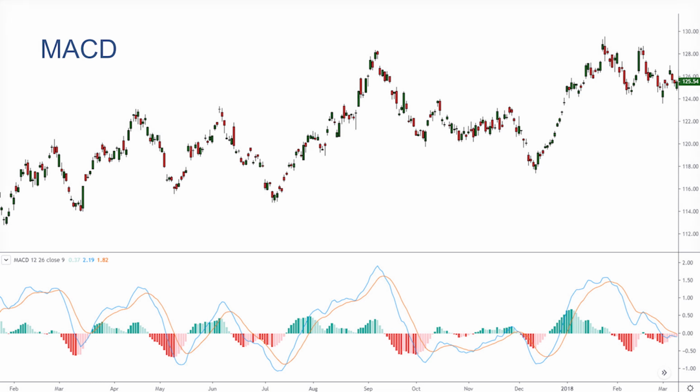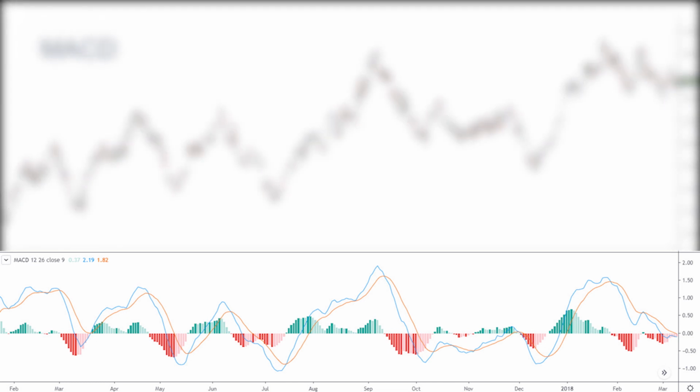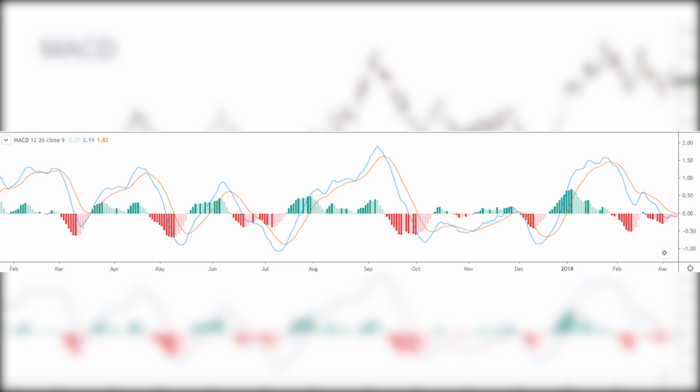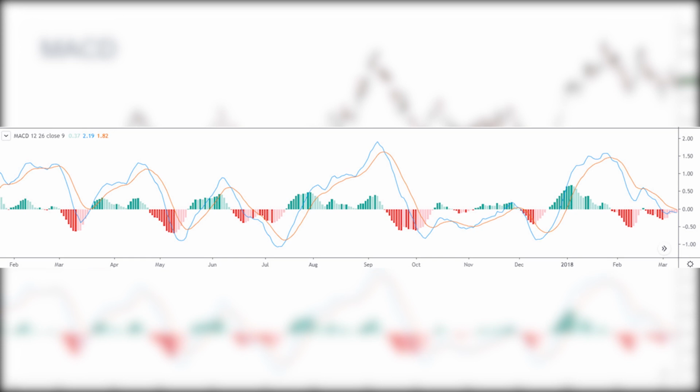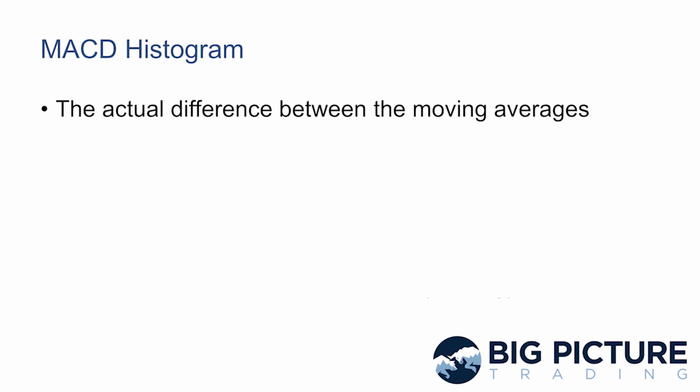A lot of people initially look at it as a whole bunch of squiggles and different colors and wonder what's going on. So let's break it down, because there are 2 very important components of a MACD indicator that you want to grasp. The first thing you want to grasp is the histogram. The histogram is the bar charts on there, which are the actual difference between the moving averages themselves.